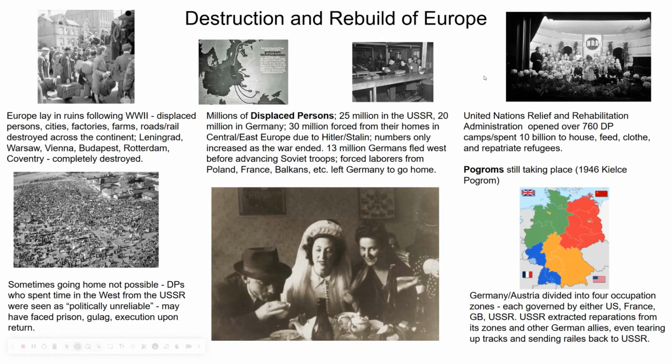For example, displaced people who were from the Soviet Union, who were staunch communists, supportive of the Red Army and their actions, were persecuted. They were not allowed to return home because the Soviets feared that they were perhaps corrupted by the capitalist West. So they were either kept out, or when they returned home, perhaps sent to the Gulag or executed in some cases.